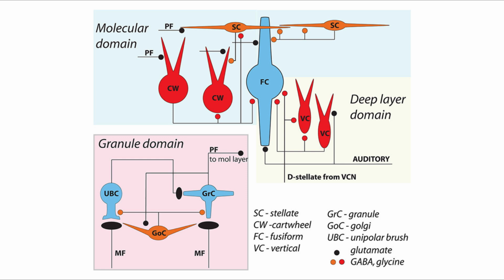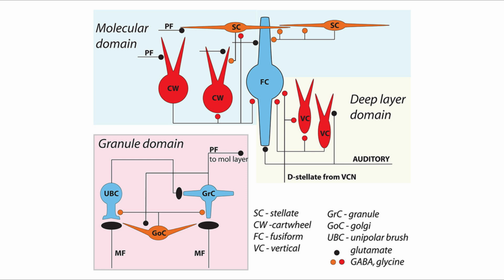And then these inhibitory interneurons suppress the activity in the fusiform cells. This is basically another layer of refinement of the input to avoid excessive excitation.